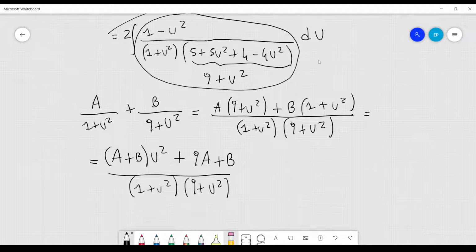So A plus B should be equal to minus 1. You can see that from here, from this minus sign.